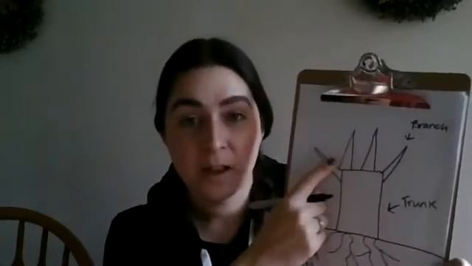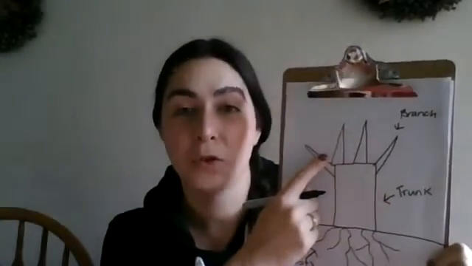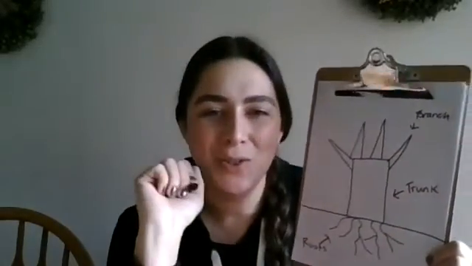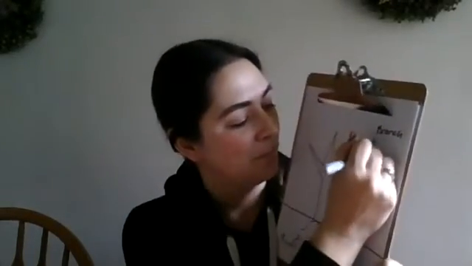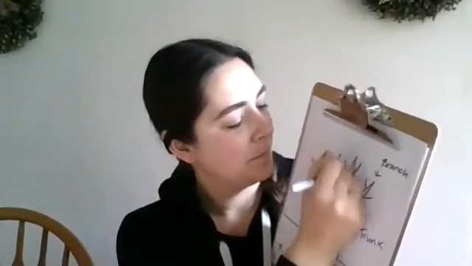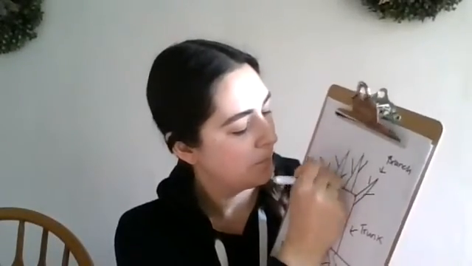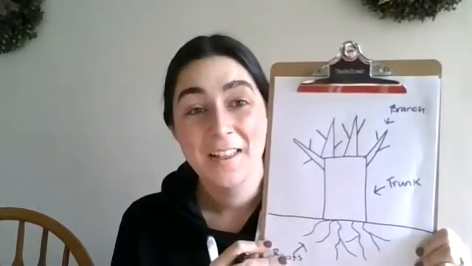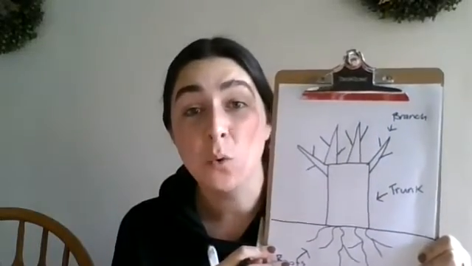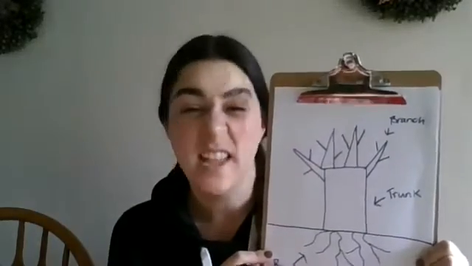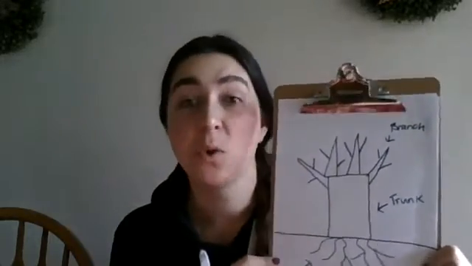Our next part will be coming off of our tree branches, and they are going to be small straight lines. Like that. Those are called the twigs or sticks. I like to call them twigs.